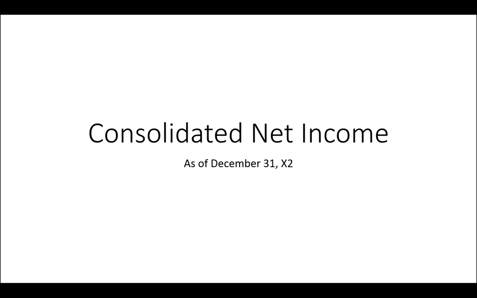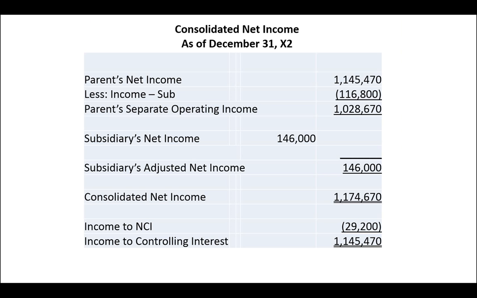We look at consolidated net income. We go through the same process as before. Separate operating income is $1,028,670 plus the sub's net income. Then we allocate 20% of the sub's net income to the NCI, and the difference is the income to controlling interest.